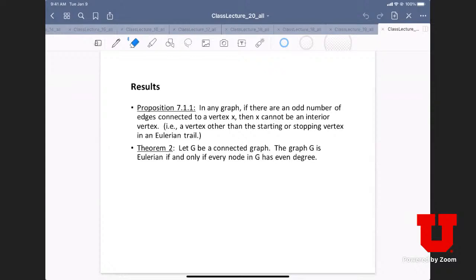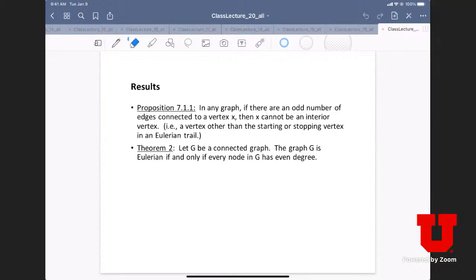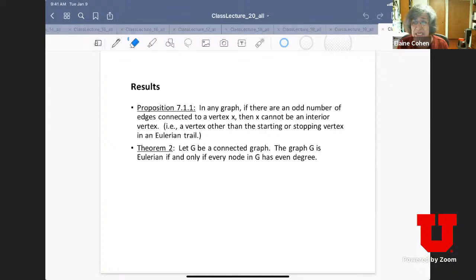So yes, you can certainly make it interior to some trail, many trails, but not Eulerian. The Eulerian trail has the critical thing that you must go through every edge exactly one time. That's what makes an Eulerian trail different. You're going through edges one time on a trail, but Eulerian says every edge in the graph.